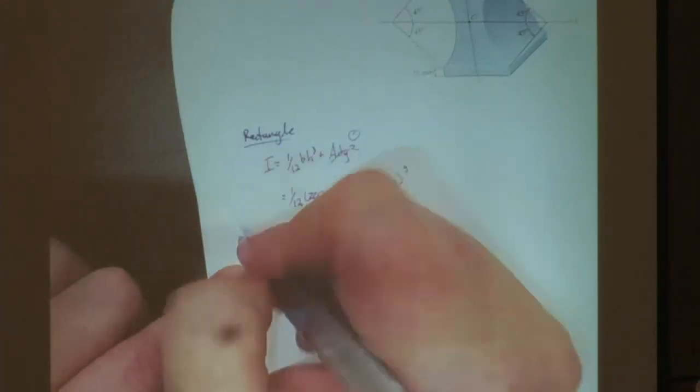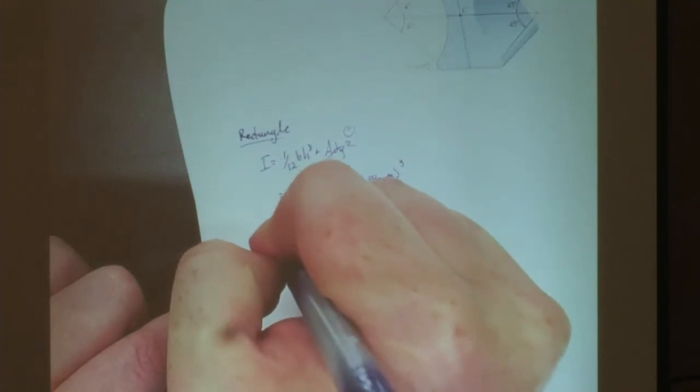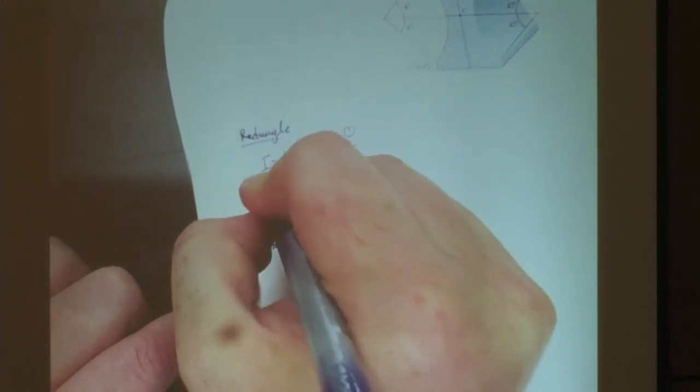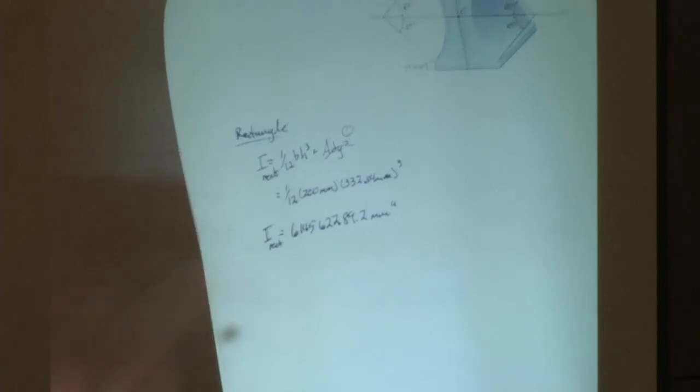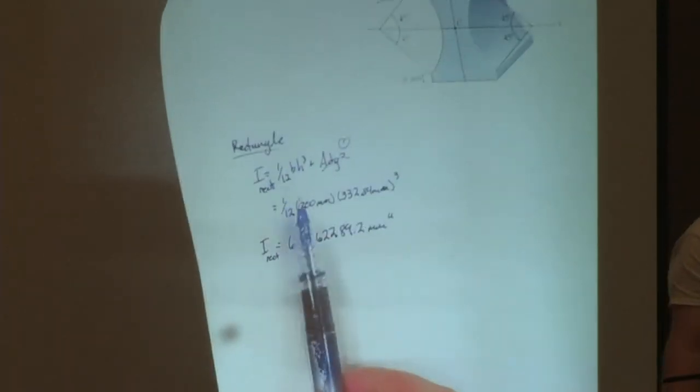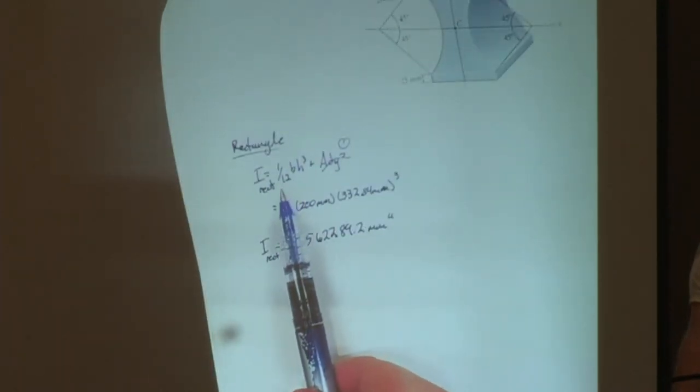So this is our I of the rectangle. And where do we get this equation? Right here. It's always in the book. You can memorize it if you want, but most likely you'll be given the tables.